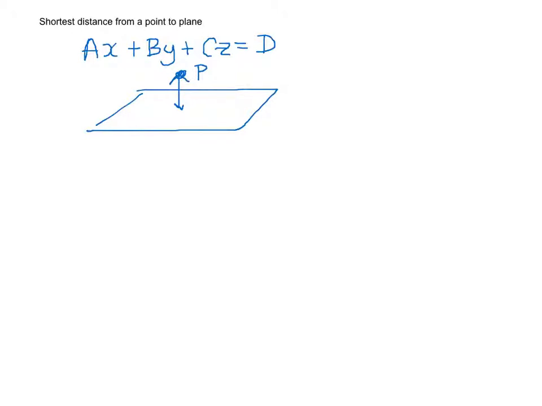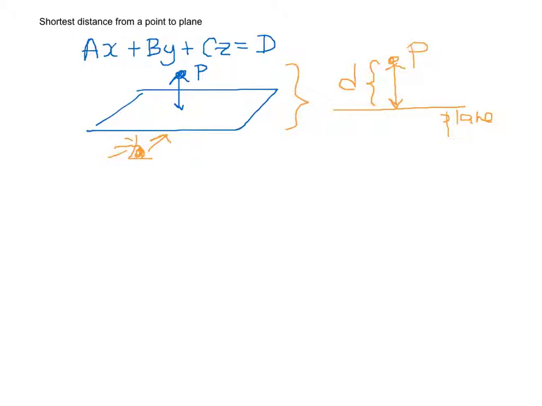Suppose the eye is here, looking from this direction, and you see something like this: a plane, and a point P. This distance, the perpendicular line segment from P to the plane, let's call that D, and this is the shortest distance.